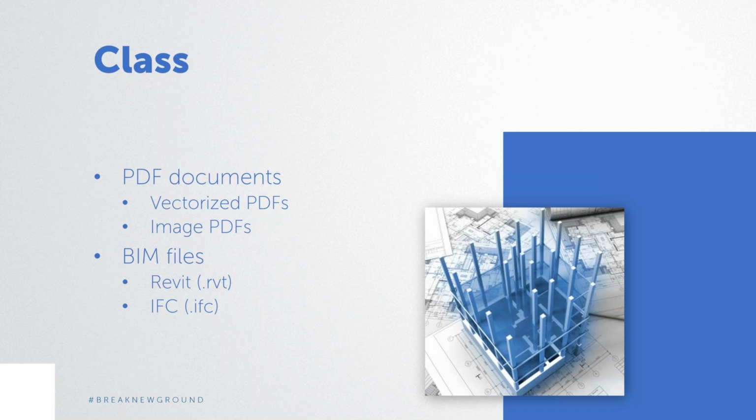I always tell people Revit is not BIM; Revit is just one of the tools. It just happens to be the popular standard here in the US and many other places. But there's also another format, the IFC, which stands for Industry Foundation Classes. So there are RVT files and IFC files that you may deal with in different projects, and we'll talk about those as we go through this class.